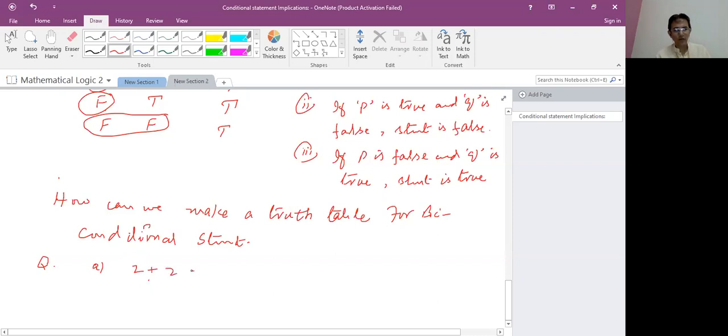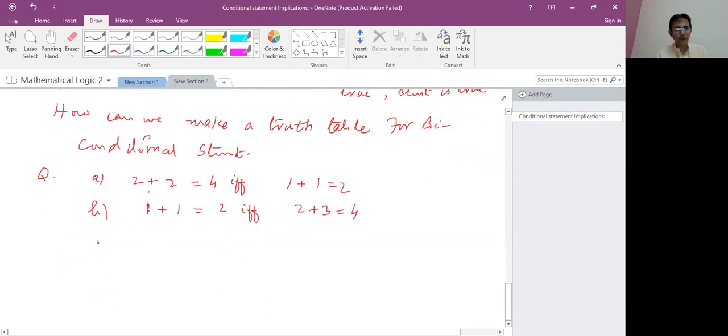2 plus 2 is equal to 4 if and only if 1 plus 1 is equal to 2. Now the second statement: 1 plus 1 is equal to 2 if and only if 2 plus 3 is equal to 4.